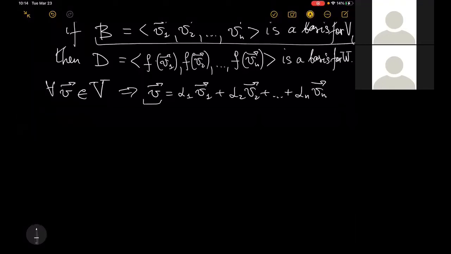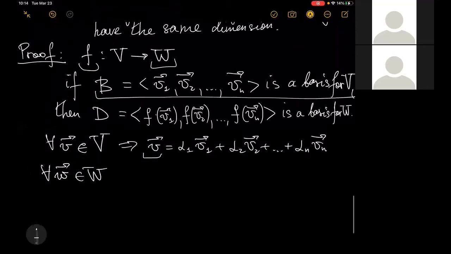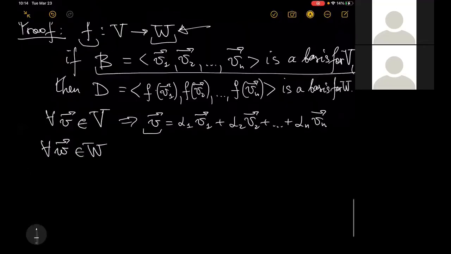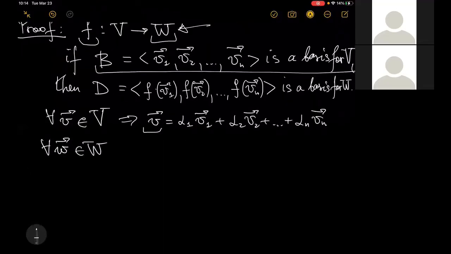Okay, great. Now, let me consider any W belonging to the vector space W capital, the image of V. Because isomorphism is onto, right?